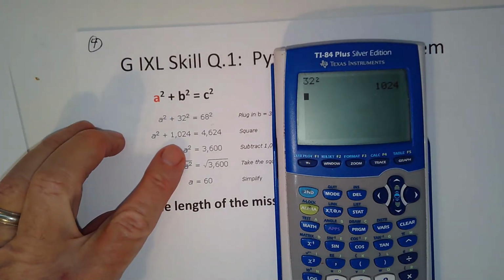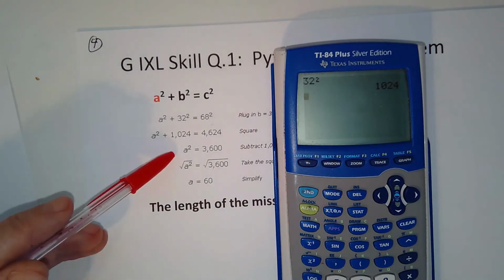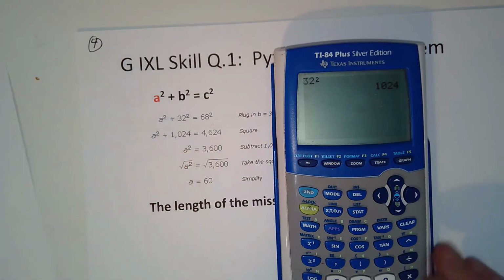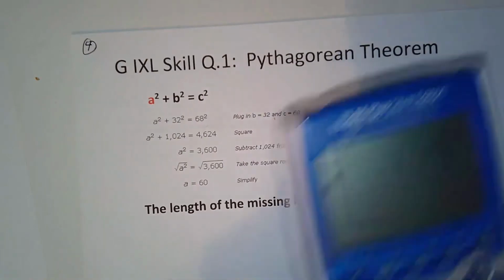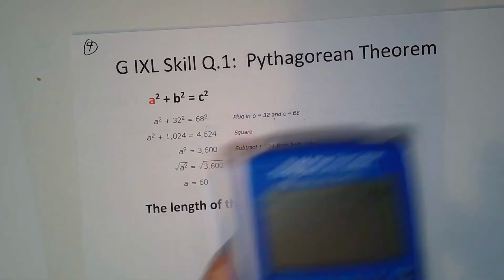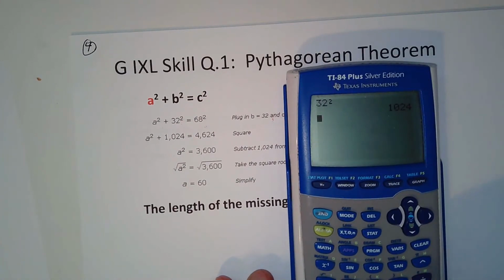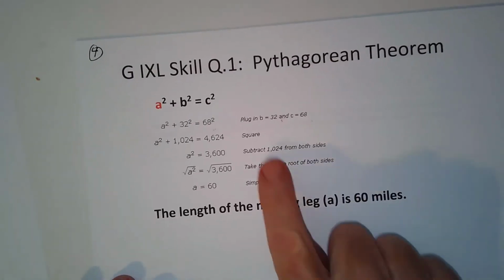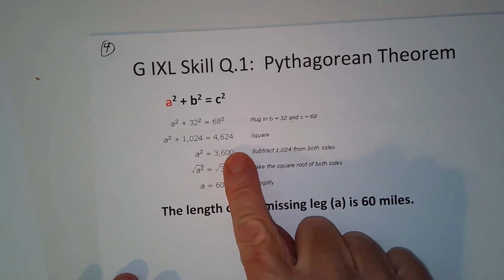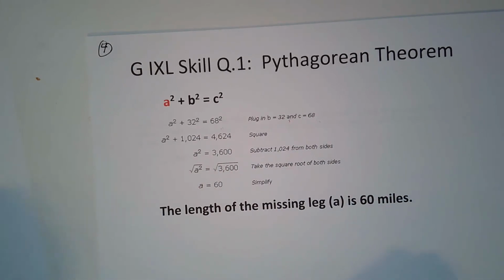So you'll notice here that I wrote in 1024. And then 68 squared is, as you can guess, 4,624, but let's just do it. 68 squared, and that's 4,624. So go ahead and square those and put the numbers in just like I have here.